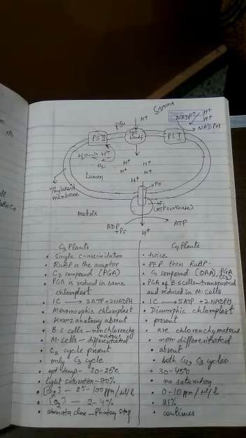But the main point in Kranz anatomy is that the vascular bundles are covered with photosynthetically active bundle sheath cells, and they are present in a concentric manner around the vascular bundles. That's why it is called Kranz anatomy. Kranz stands for halo, or concentric rings, in the German language.